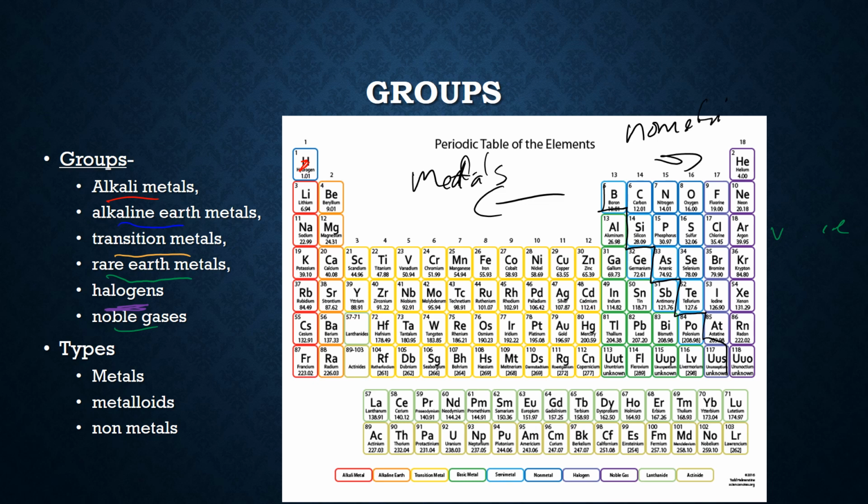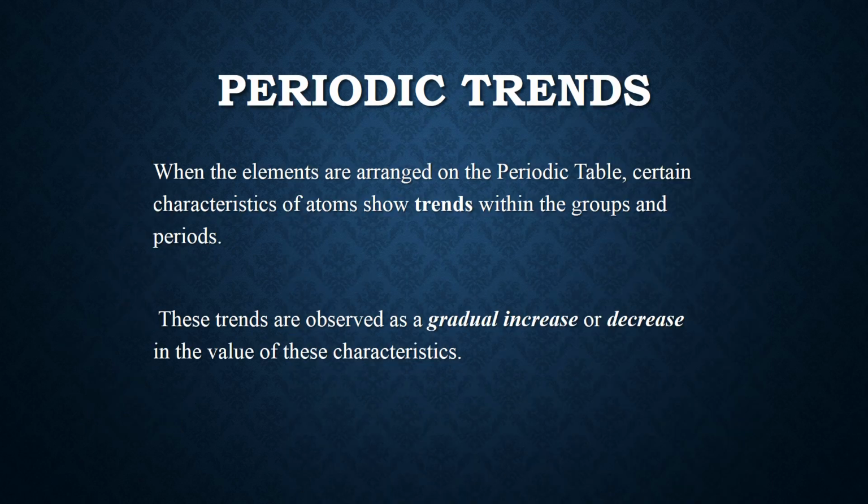And along the line, the staircase, those are where we get the metalloids. Aluminum is a metal, but the rest of these, boron, silicon, germanium, arsenic, antimony, tellurium, polonium, are all metalloids. So this side non-metals, this side metals, and these are metalloids except for aluminum. So those are the groups and types that you need to know.